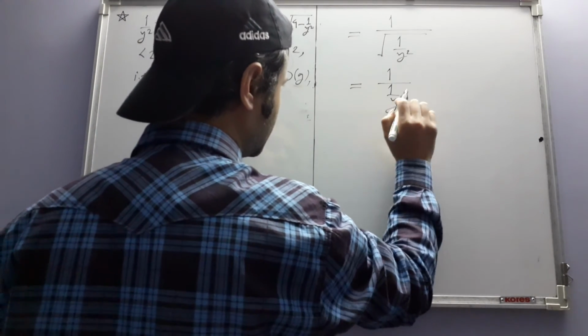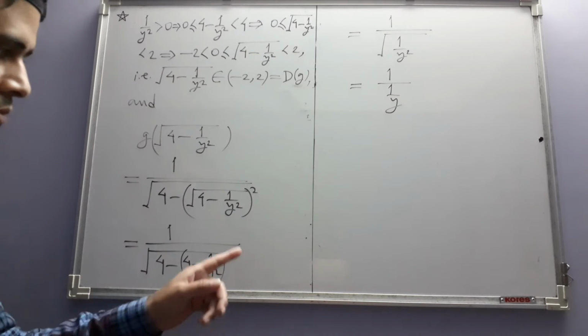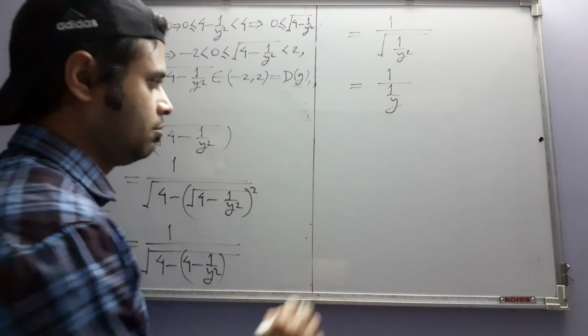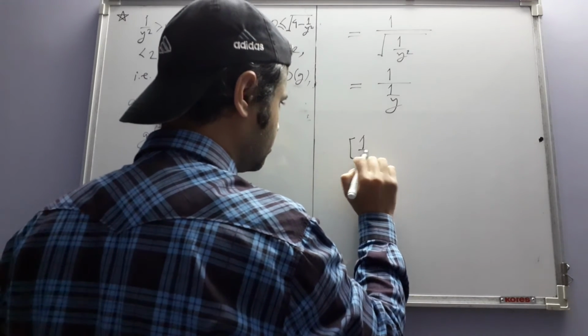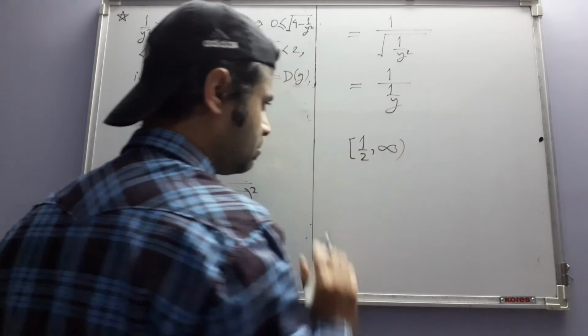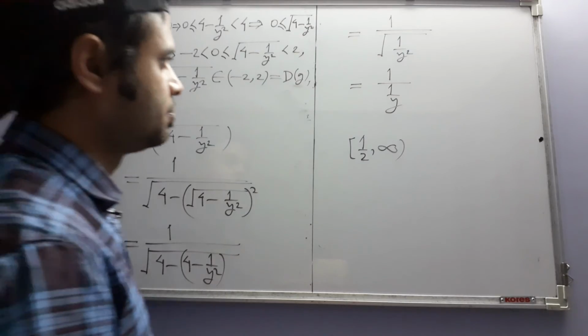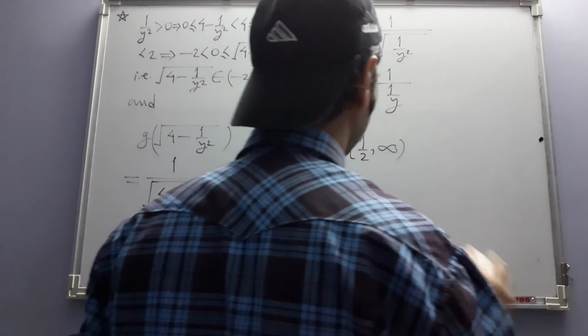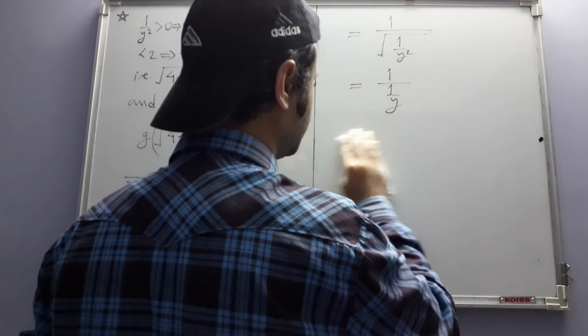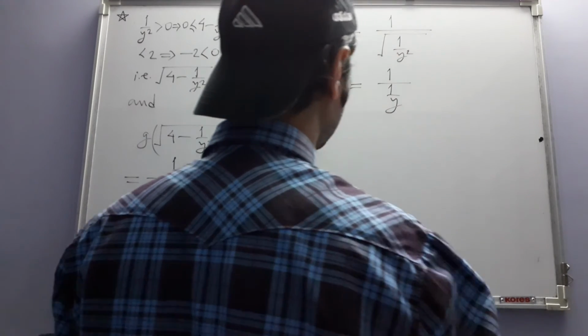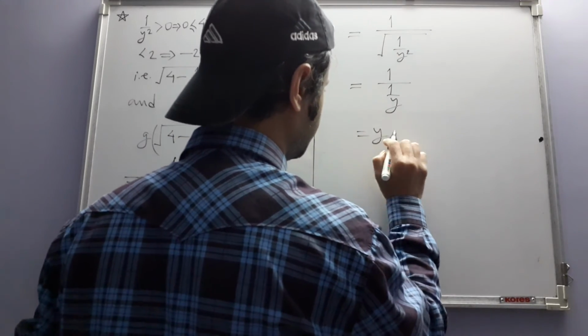This is 1 over 1 over y, because recall that y belongs to this closed ray, and as such y is positive. Y cannot be negative. That is our point. So this is equal to y.